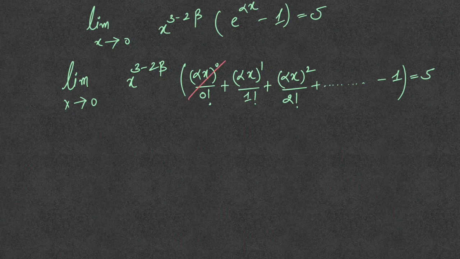This eventually becomes 1, so this and minus 1 will cancel. And also I can take x common from every term.